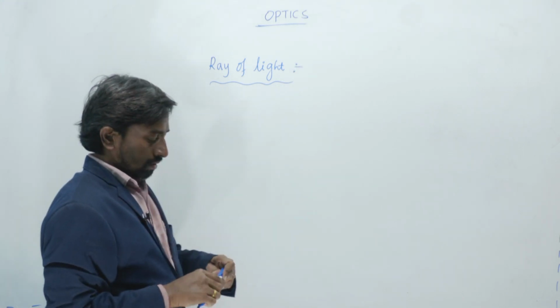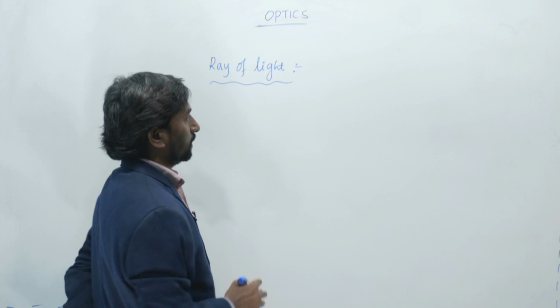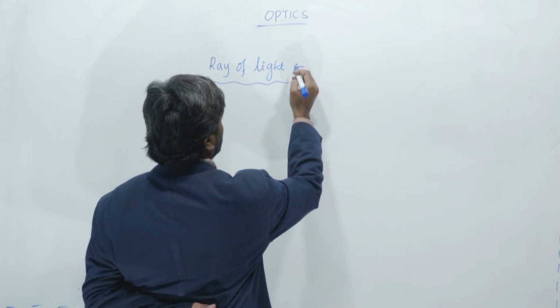A ray of light is nothing but the light energy traveling in a straight line path in a homogeneous medium.